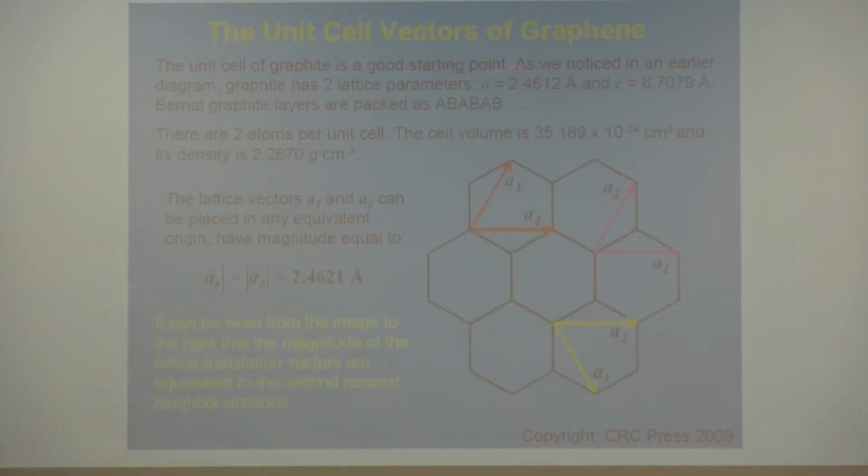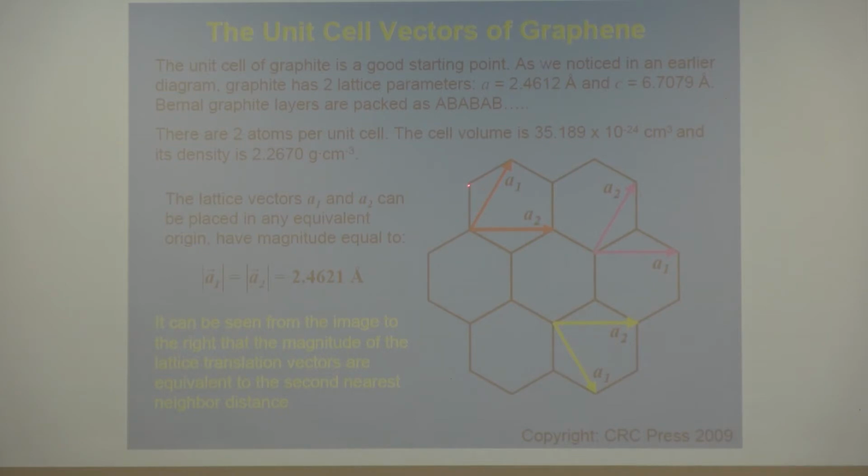And this is, I probably should have shown this before I did the nomenclature exercise, to think about these 2 vectors, A1 and A2. These are kind of arbitrary, but what they do is connect next nearest neighbors.